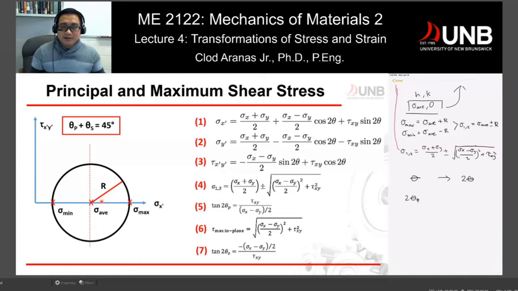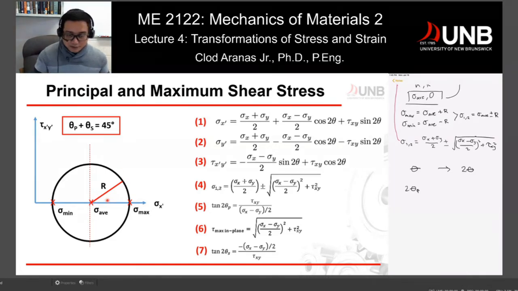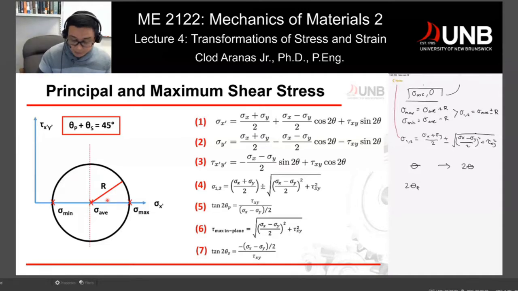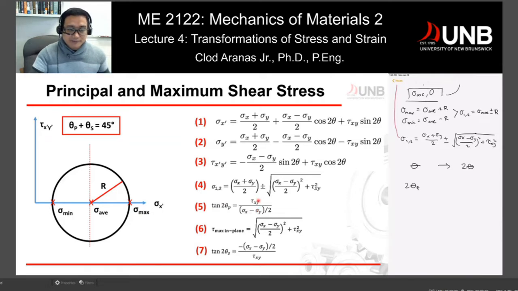Then you can just play around with trigonometry in order to determine this theta. I'm not going to solve it for this one. You can just check it out because we're not going to derive it anyway. But that's going to give you this: 2 theta sub b is equal to tau xy divided by sigma x minus sigma y divided by 2. So that's how this equation was derived.